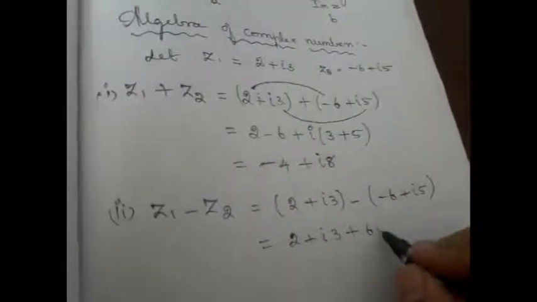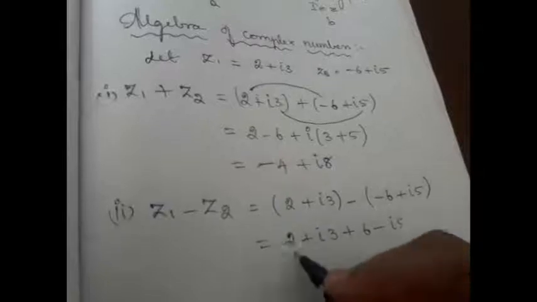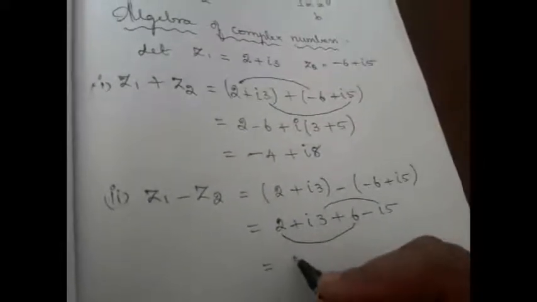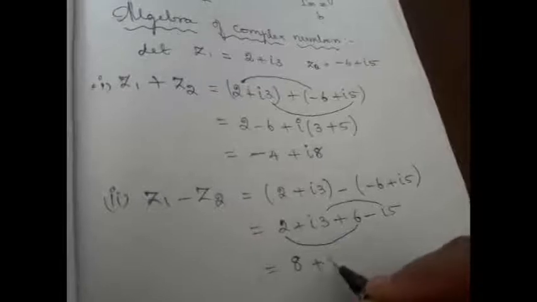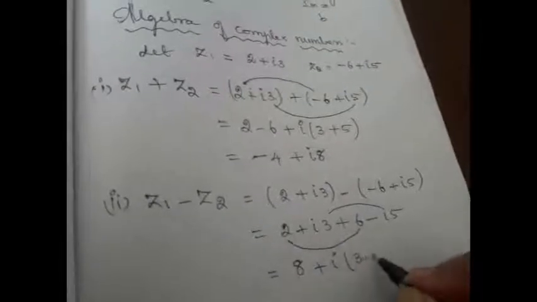Minus into plus becomes minus 5i. Now club the real part and the imaginary part. So 2 plus 6 is 8, plus i is common. So 3 minus 5, this is minus 5. So it is nothing but 8 plus i into minus 2. So this is nothing but 8 minus 2i.